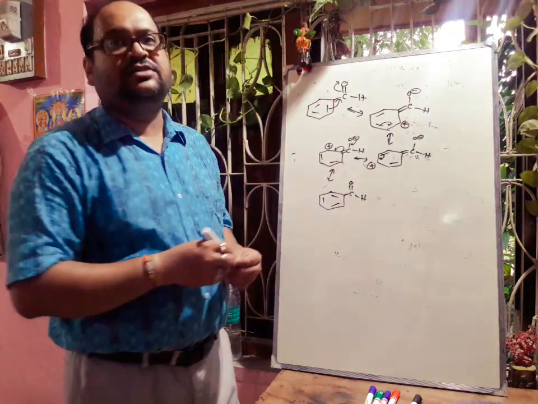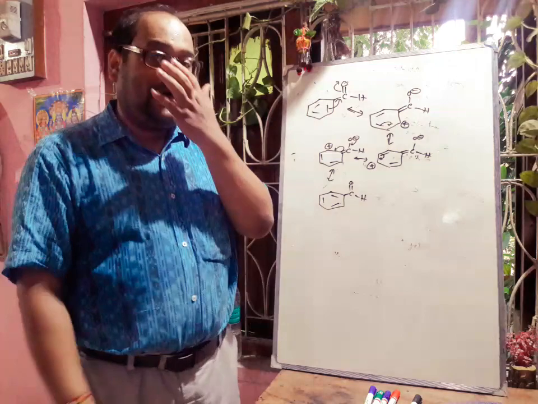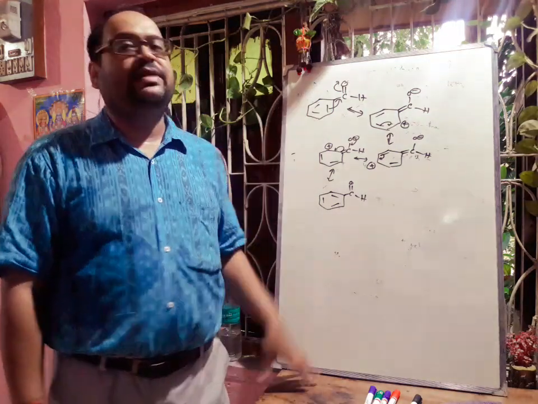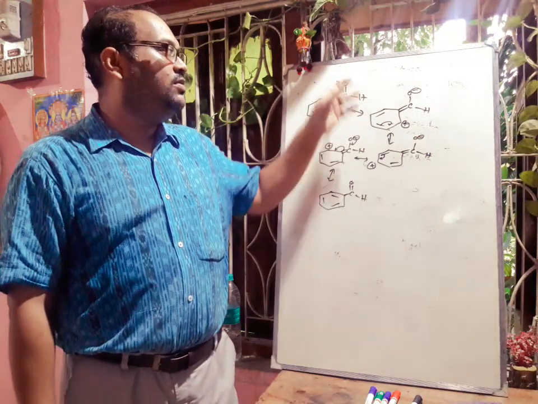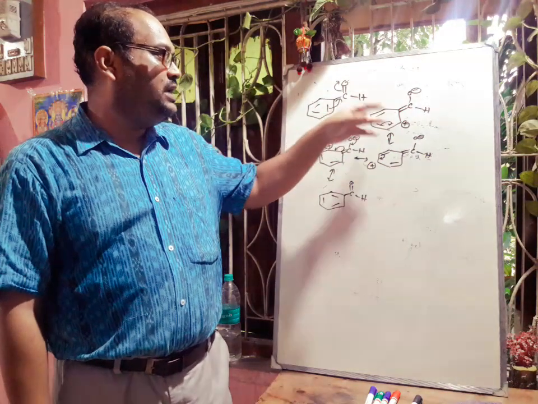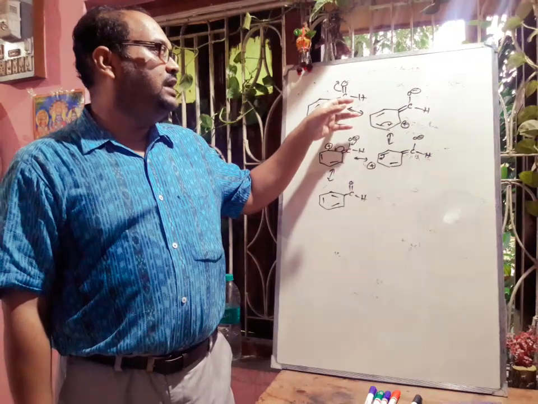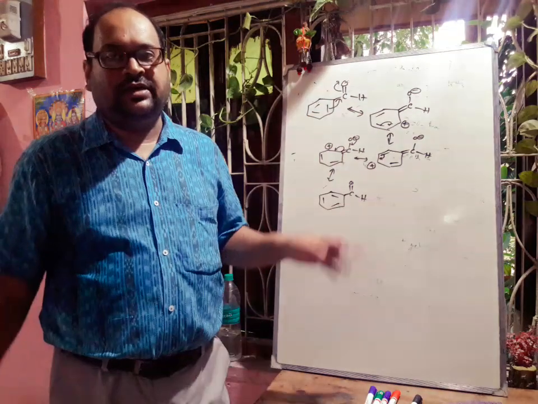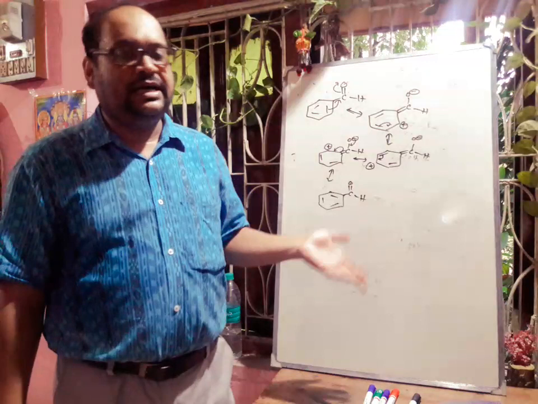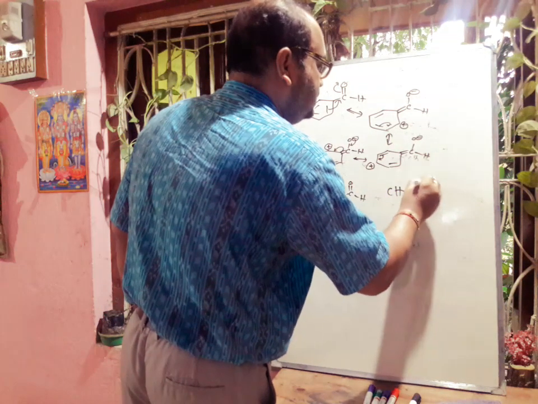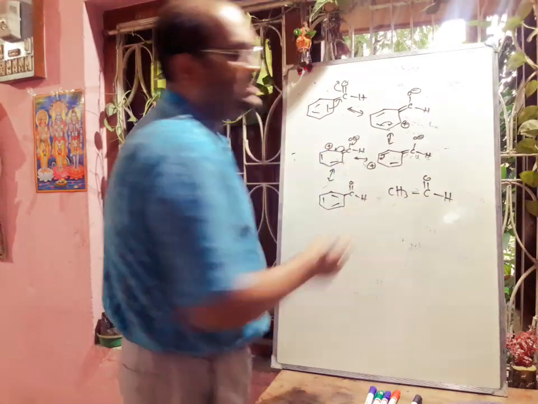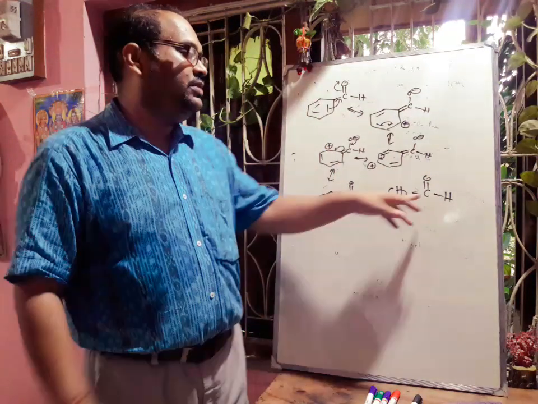So because of this resonance structure, the plus R effect, the aromatic aldehydes are less reactive, because the carbonyl bond is breaking and the delta positive charge is neutralized. In the aliphatic aldehyde there is no such resonance, only the plus I effect tries to neutralize the delta positive charge on carbon.